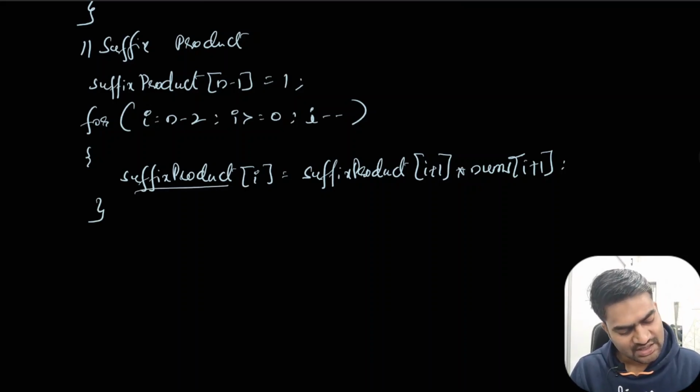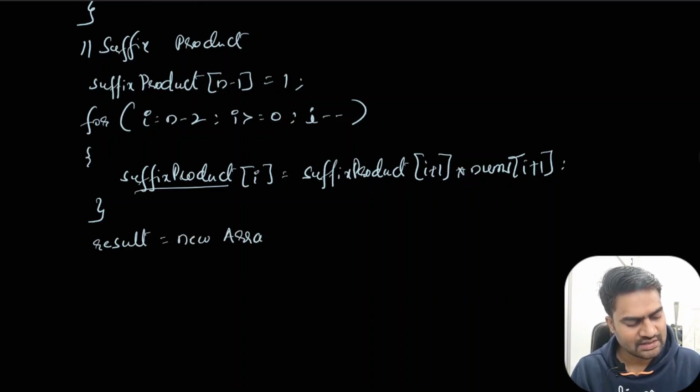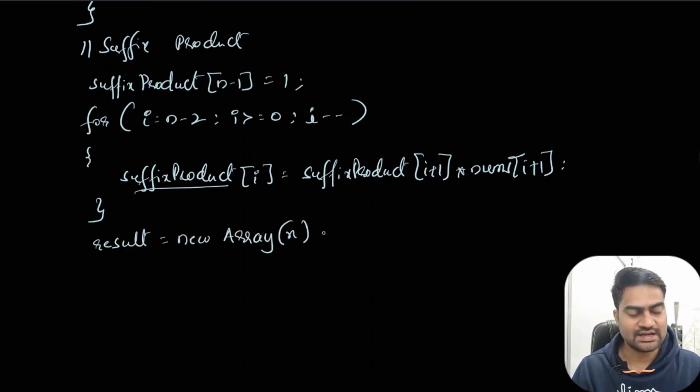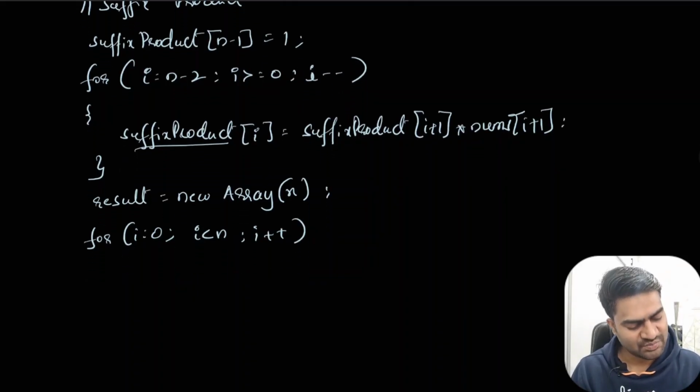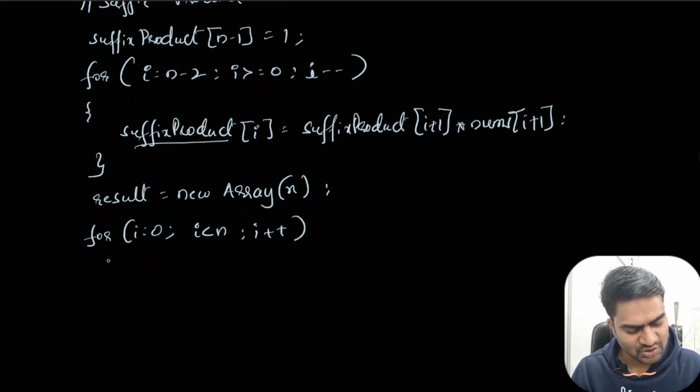Then finally, what we will do, we will take another array, result equal to new array of length n. Then what I will do, I will say for i equal to 0, i less than n, i plus plus, I'll simply multiply prefix product and suffix product and I will add it to the result array.